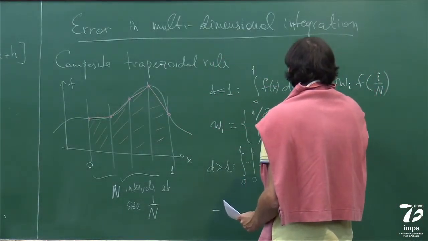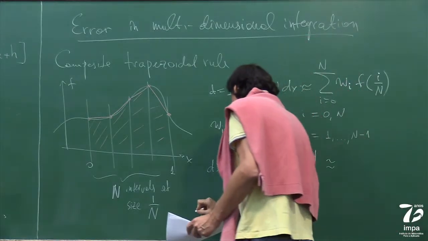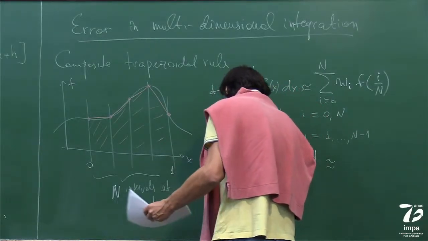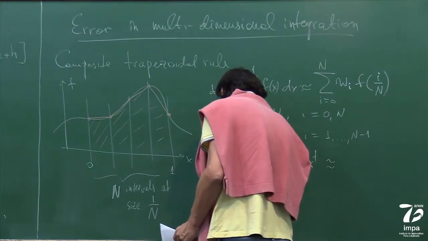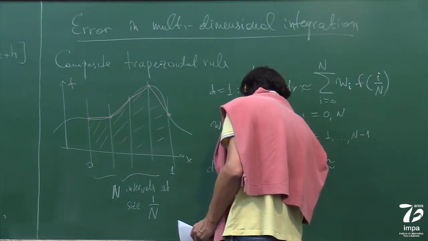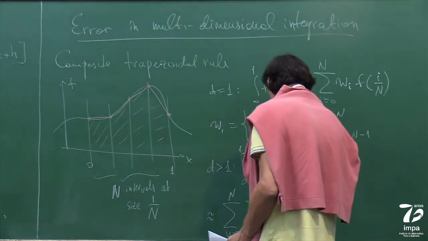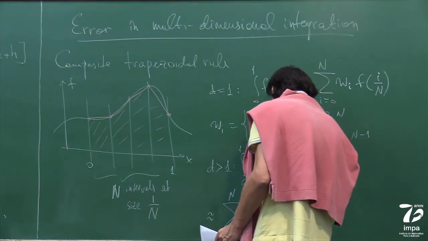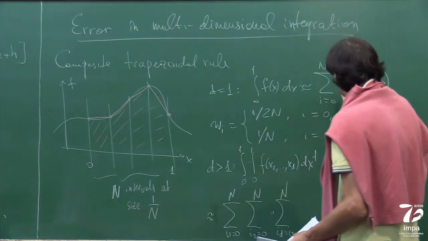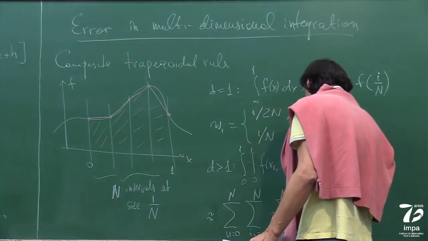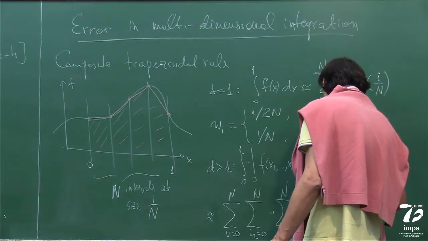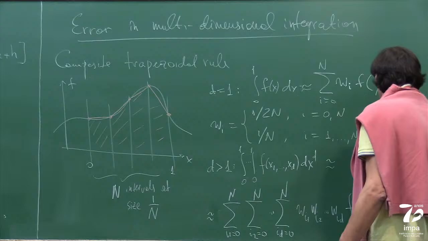This is approximate, right? So you approximate it with this trapezoidal sum, but now you do it in each variable. In principle, you can have different number of points, but we take here just the same number of points in each dimension, and then you get weights which have to be multiplied, and then a function computed at each node.